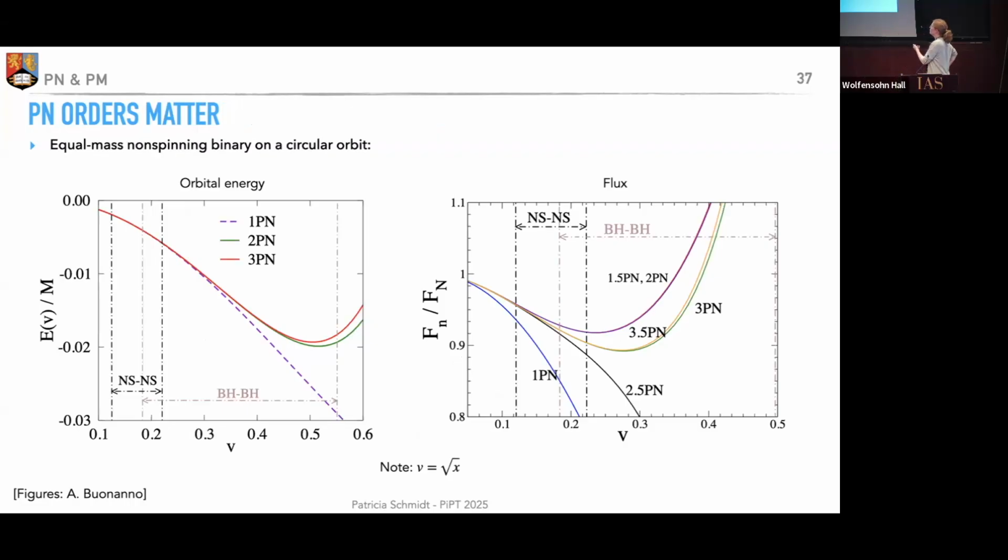And here we can see the flux relative to the Newtonian, so the quadrupole order, and how it changes as a function of velocity, right? And remember, energy balance tells me flux is related to how the energy changes over time. And they look quite different depending on the PN order that you include. And that will impact how the phase evolution of your binary looks, and will dramatically impact the accuracy of your PN approximant.